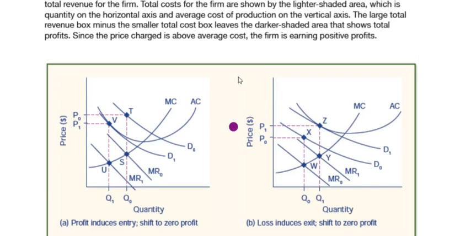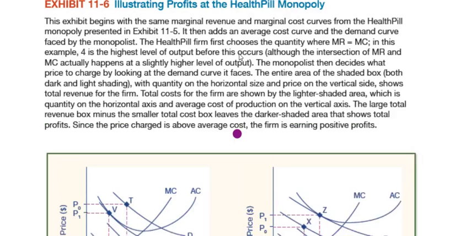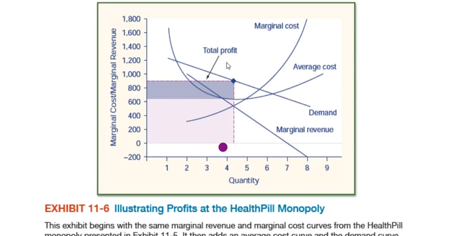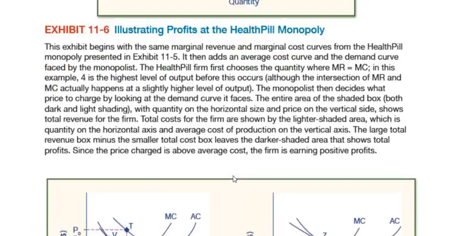And in a monopoly, because there's only one firm, that firm can stay at a positive economic profit theoretically forever. Okay, I hope that helps you see more clearly the difference between a monopoly and a monopolistic competitor.